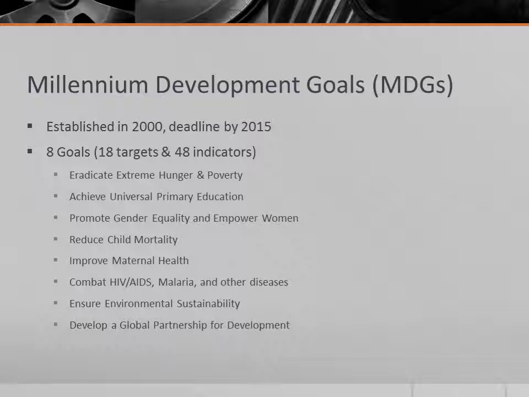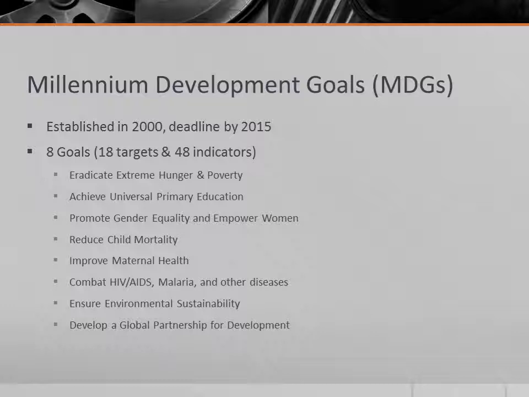Okay? Then we're going to measure that. They were measured in 2015 to see, did we meet those? So here were the 8 goals, and we're going to go into all 8 goals and the 18 target goals as well. Okay, talk about them, give you lots of statistics about them, and then identify whether or not those were met. Okay, so here were the 8.